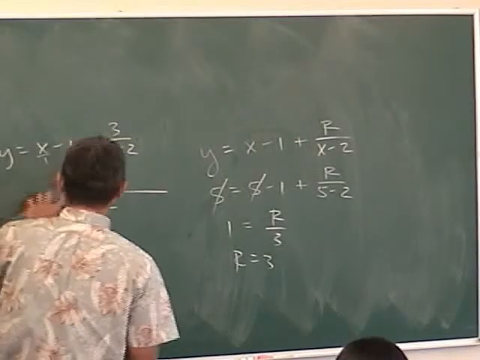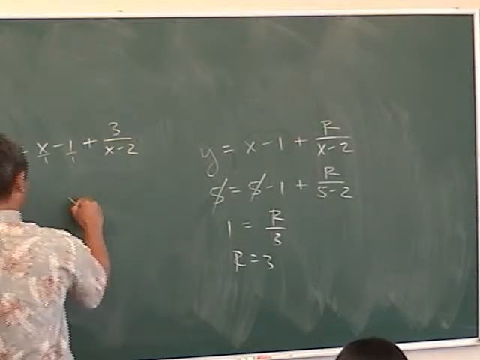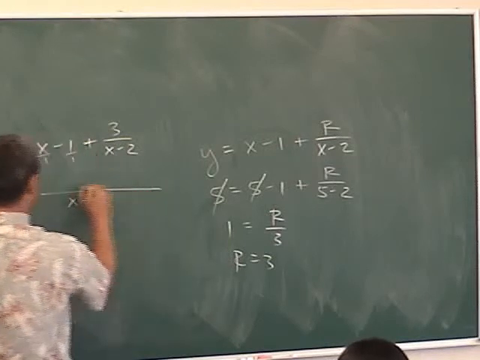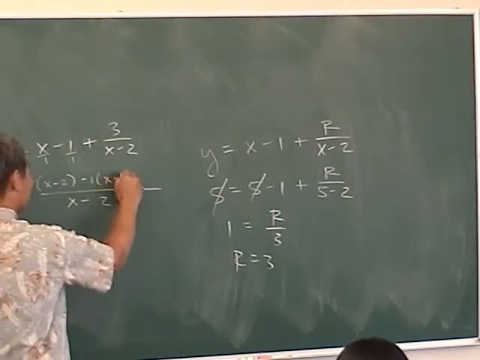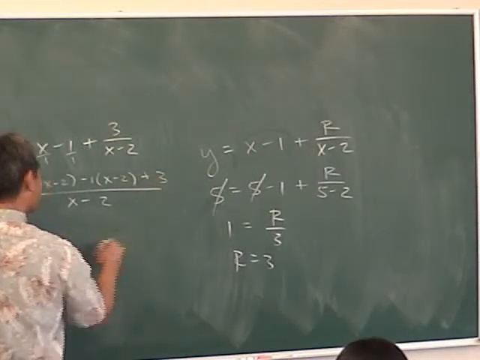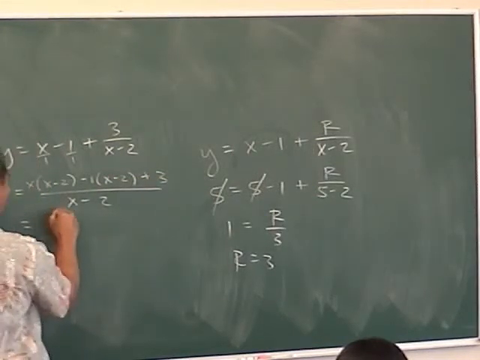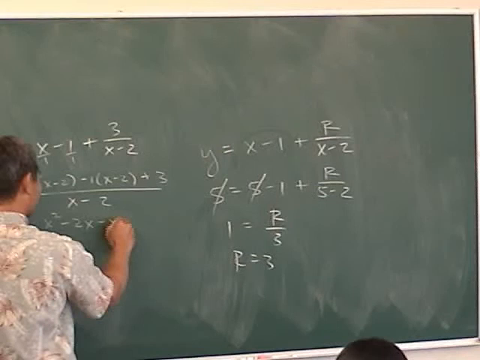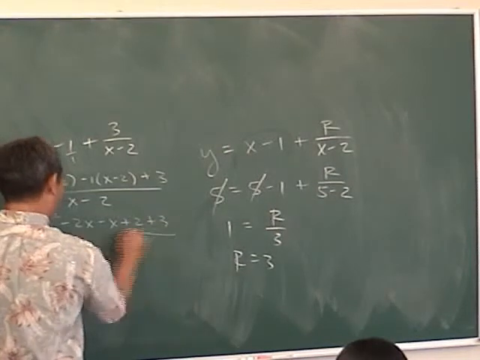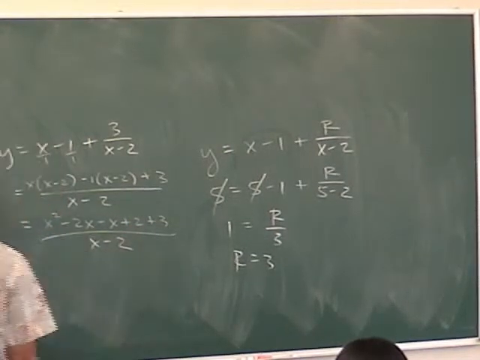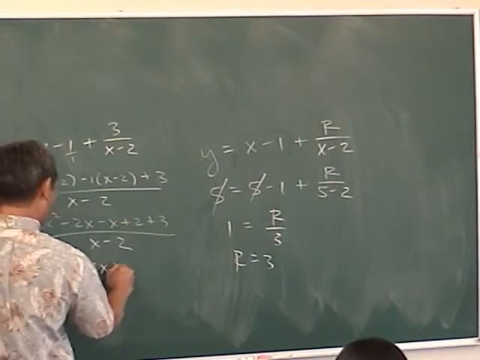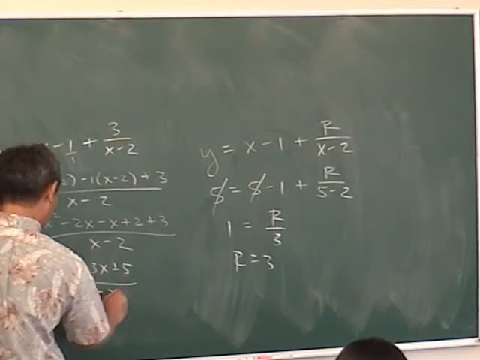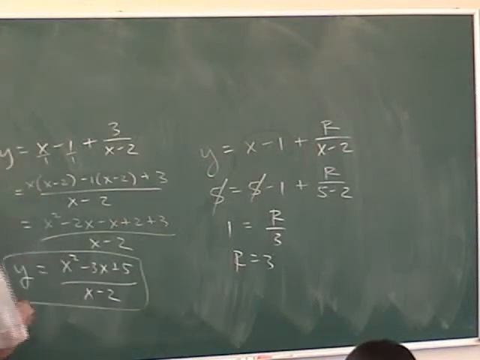Okay, let's do the algebra. X times x minus 2 minus 1 times x minus 2 plus 3. Now we multiply out. X squared minus 2x minus x plus 2 plus 3 all over x minus 2. So your final answer is y equal x squared minus 3x plus 5 all over x minus 2. And that's your answer.